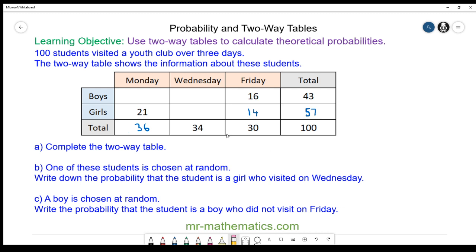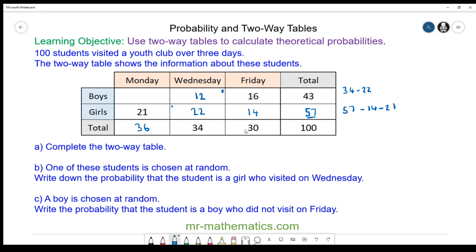Okay, let's go through the rest of this two-way table. Well, we can work out this value by doing the 57, the total, take away the 14, take away the 21. And that's going to come out as 22. We can now work out boys on Wednesday by doing 34, the total, take away the 22 girls, and that comes out as 12.